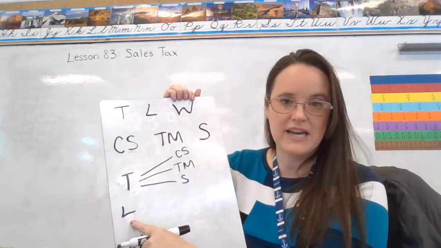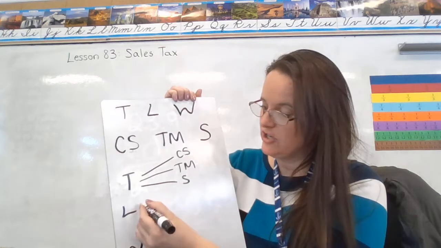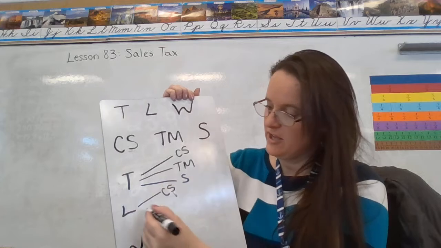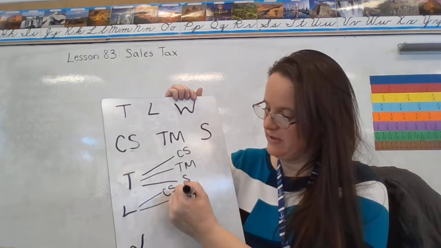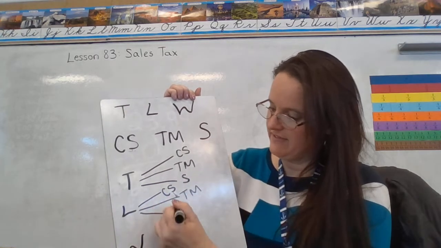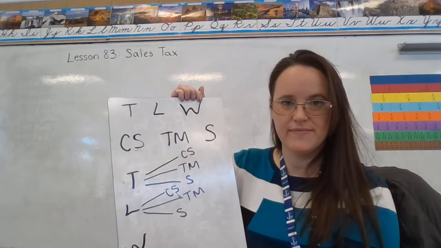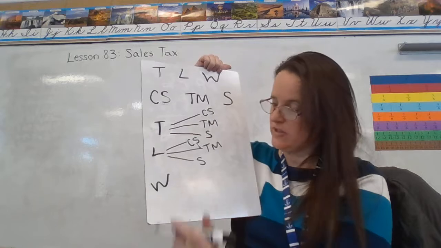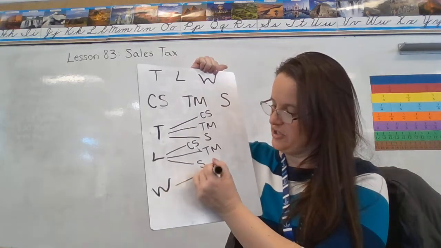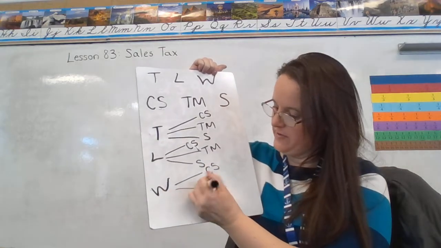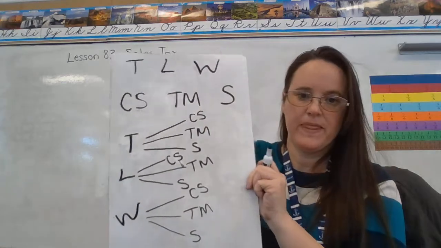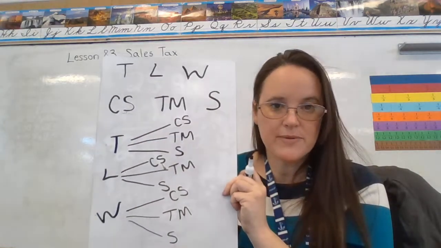So now we're going to move down to lemonade. She could have lemonade with a chicken sandwich. She could have lemonade with a tuna melt. Or she could have lemonade with a salad. There's no other combinations for the lemonade. So now we go to the water. She could have water with a chicken sandwich, water with a tuna melt, or water with a salad. Those are all the possible combinations.